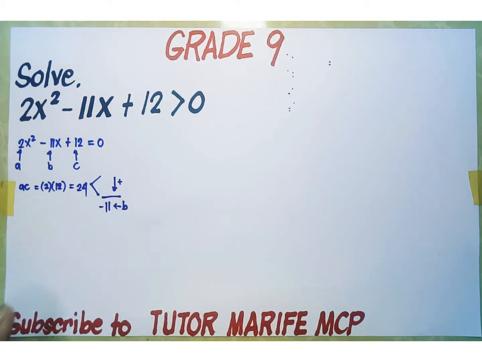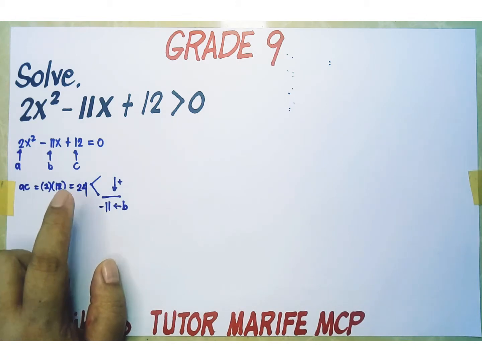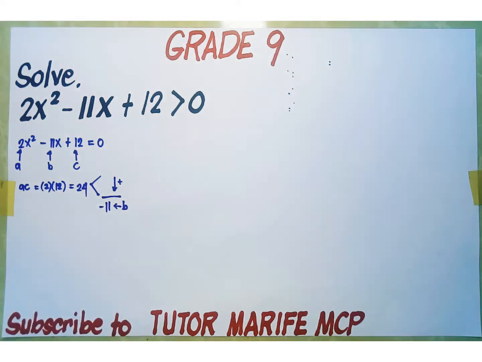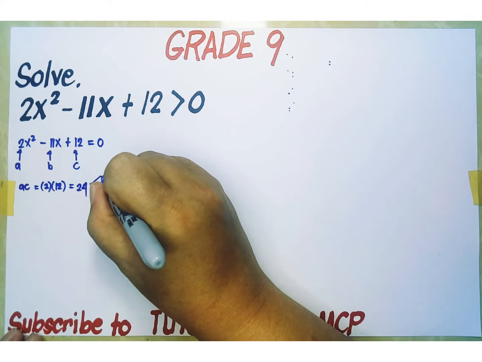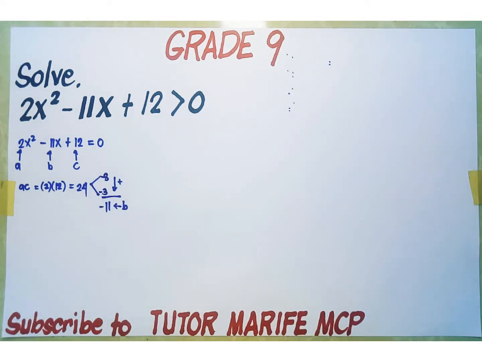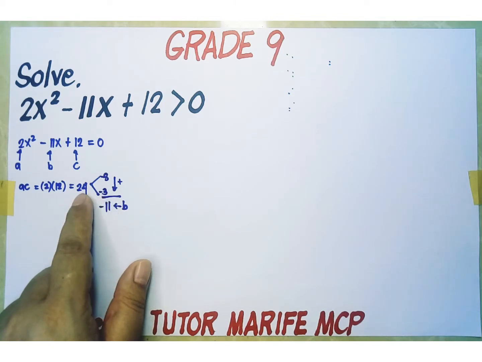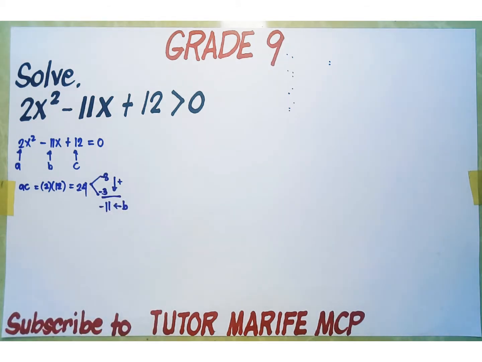So, what factor pair of 24 will give you a sum of negative 11? We have negative 8 and negative 3. Let's double check. Negative 8 times negative 3 is equal to 24. Negative 8 plus negative 3 equals negative 11. Okay.